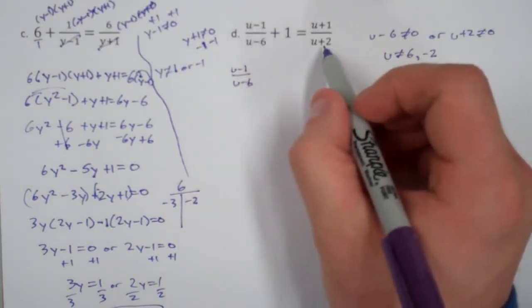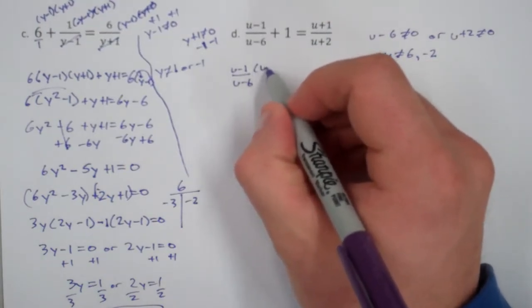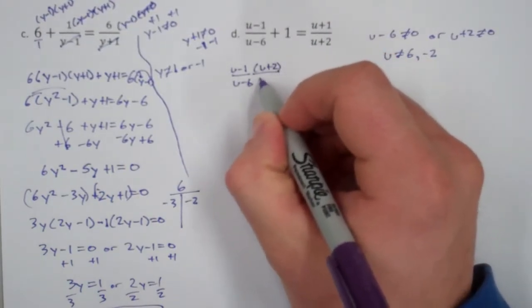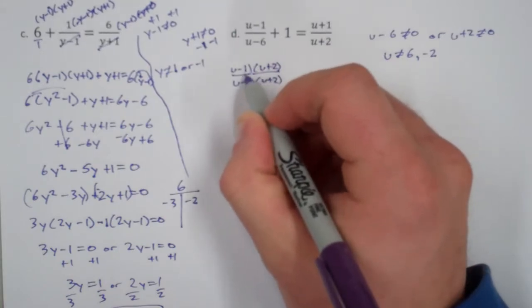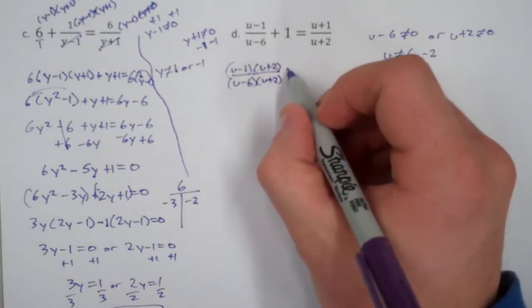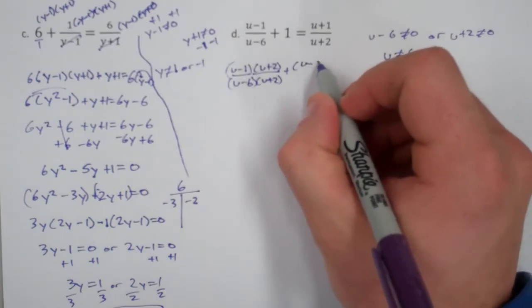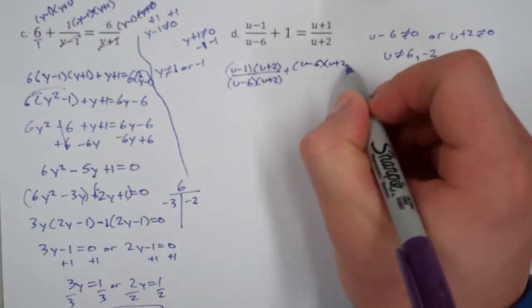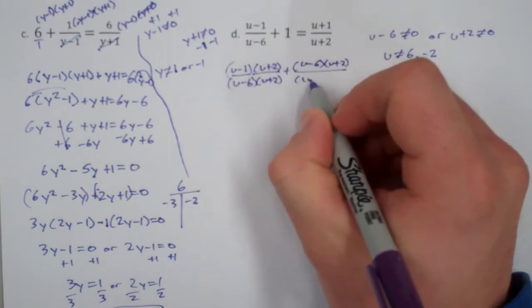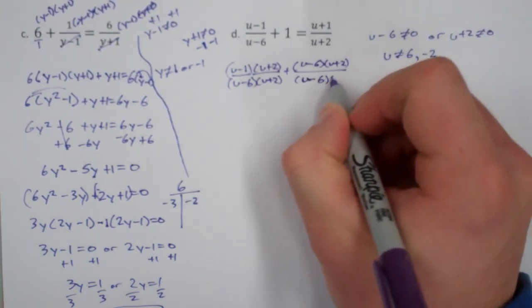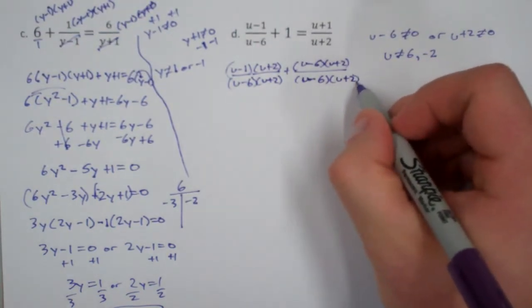I'm going to multiply this by u plus 2 over u plus 2. And then this 1 I'm going to change into u minus 6, u plus 2, over u minus 6, u plus 2.